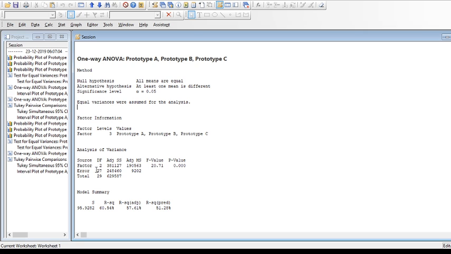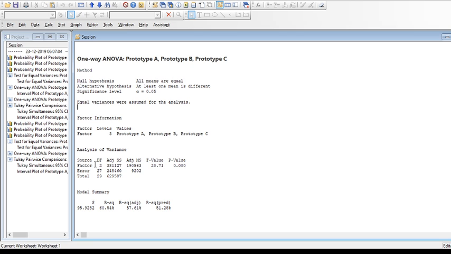And what is within? So I have already consumed 2 degrees of freedom, right? 2 degrees of freedom here. And what is error? Error is nothing but within variation. So how many total data points do I have? I have got 30 data points, right? And 3 factors have already consumed. I have already estimated 3 individual means, right?